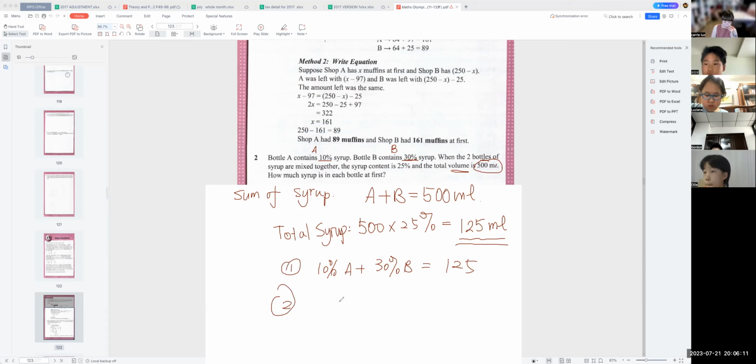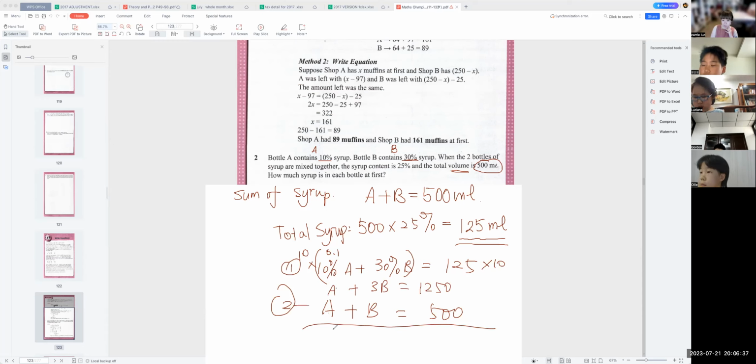And the second equation is A plus B equals 500, right? Because the total volume is never changed. So I'm going to times 10 on both the left side and the right side. So we have A plus 3B equals 1,250. So subtract: A minus A equals no A, 3B minus B equals 2B, and 1,250 minus 500 equals 750.